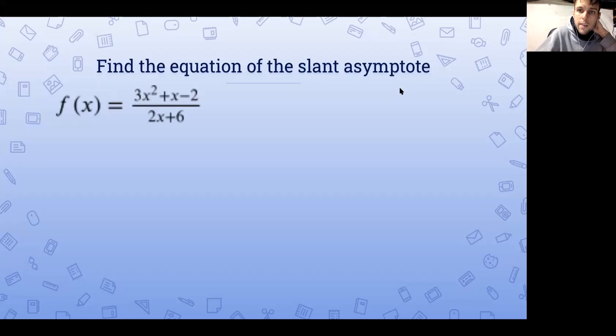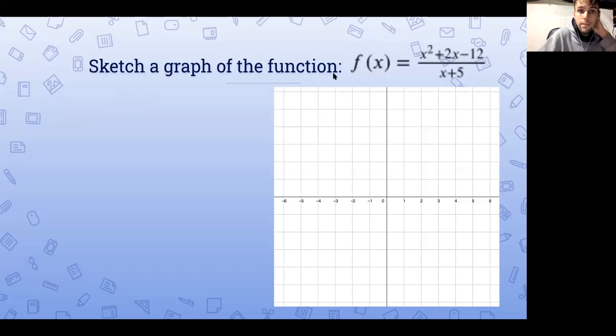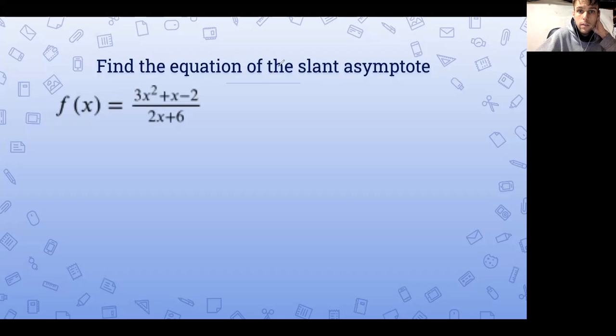All right, find the equation of the slant asymptote. So this is already telling me that my asymptote is going to be a slant. We know that because the degree of the numerator is 1 greater than the degree of the denominator. So I need to do my polynomial long division. 3x squared plus x minus 2.